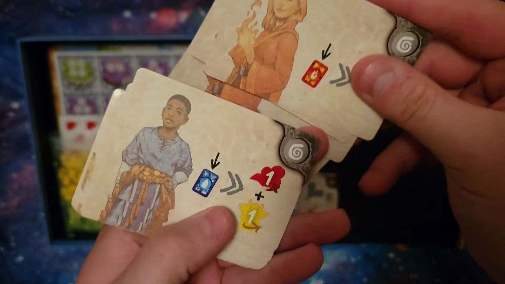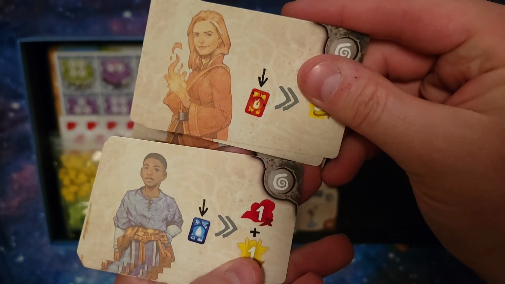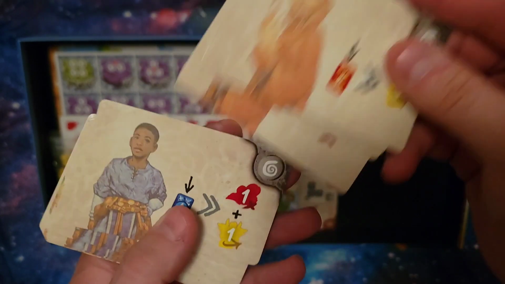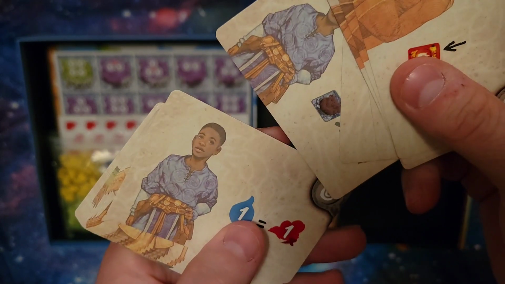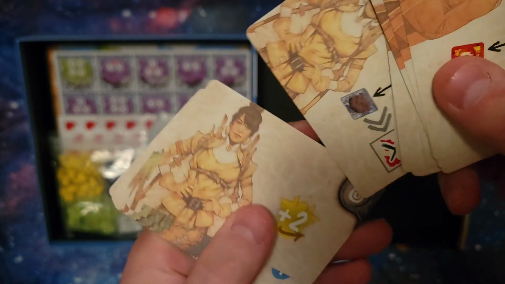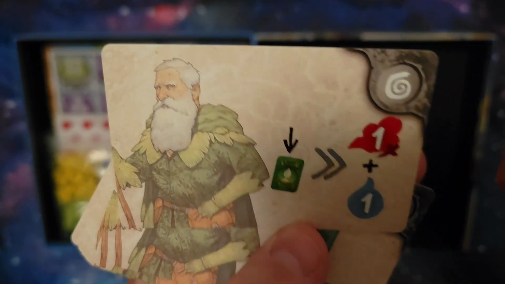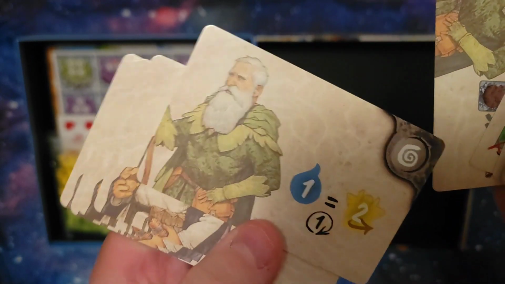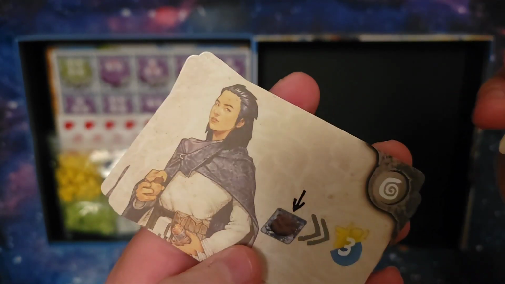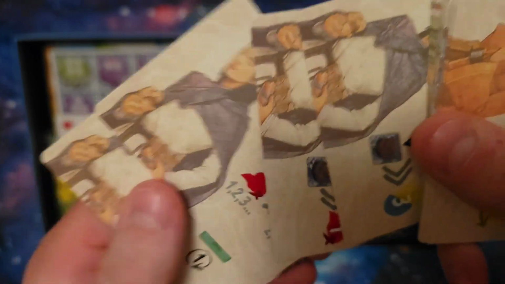They're kind of the same but different for the red and blue player. They just have the picture of the person on the front as well. This guy would not look out of place in the board game Oak. That is just druids doing druid things. So there you go.